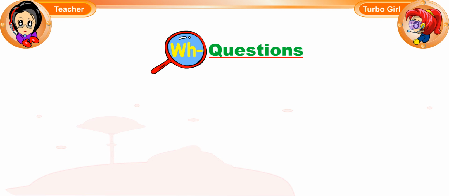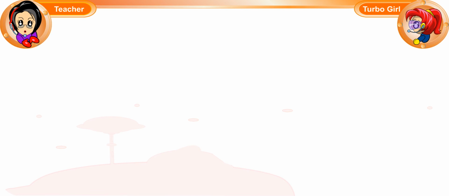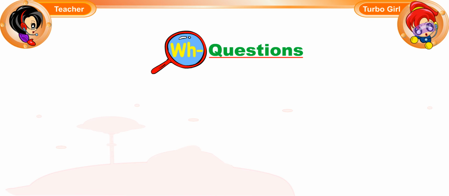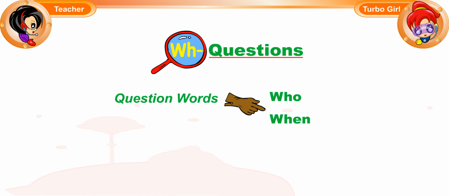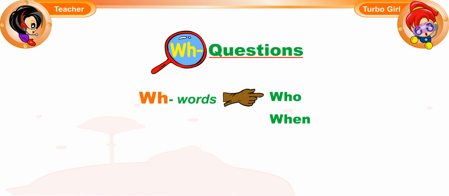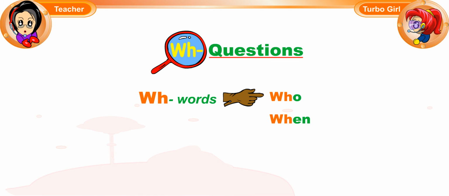Do you still remember what WH questions are, Turbo Girl? Yes, teacher. WH questions are questions which begin with question words such as who and when. These question words are also called WH words since they usually begin with the letters WH. Very good, Turbo Girl.